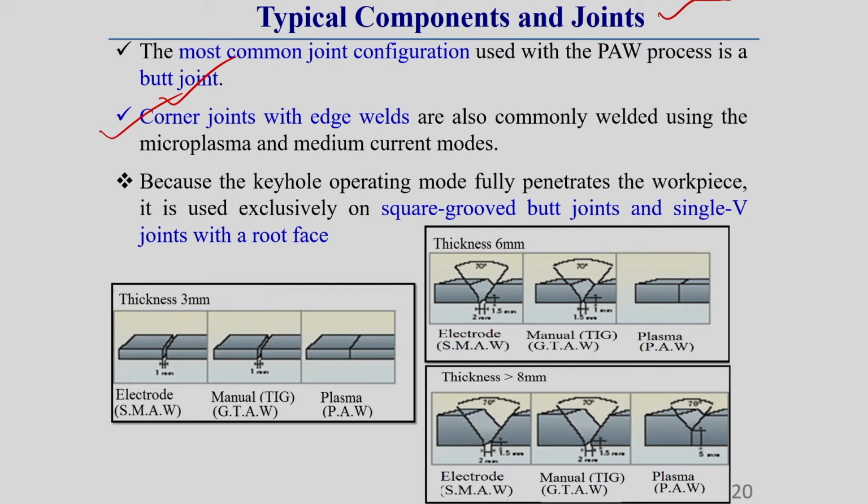Now, here I am showing a typical example of thickness for three different welding processes. For a 3 millimeter thick plate, the plasma arc welding process does not require any root gap, whereas if we use shielding metal arc welding or TIG welding, a root gap of 1 millimeter is required. So for plasma arc welding there is no requirement of root gap.